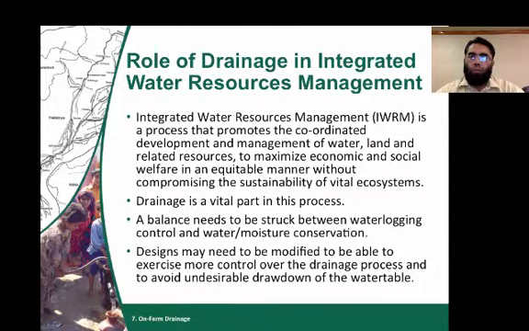Drainage is one of the important components of integrated water resources management, and it not only helps in waterlogging and salinity control, but also in the management of the system as a whole. Design may need to be modified to be able to exercise more control over drainage process and to avoid undesirable drawdown of water table.